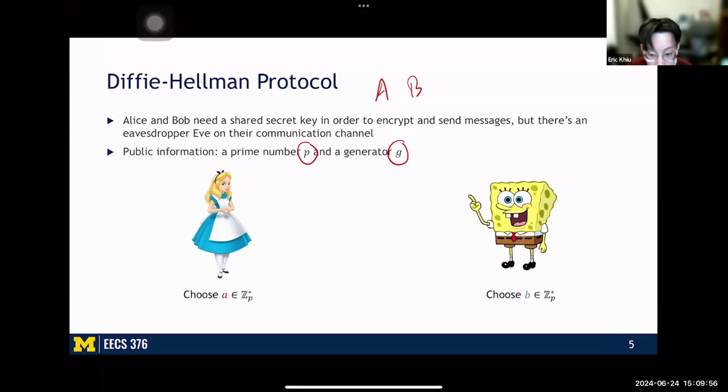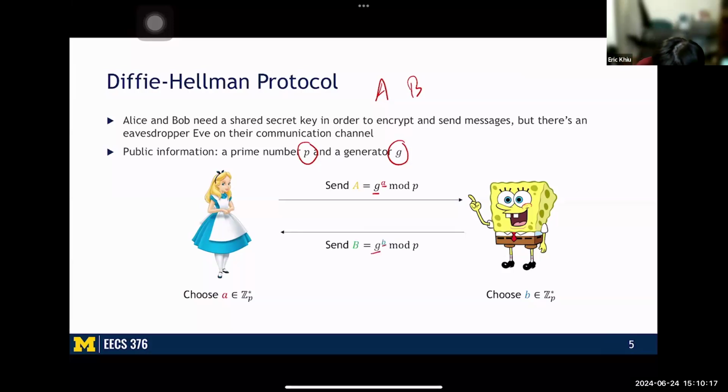Then Bob will also choose a number B in Z_P star. Alice will send G to the A mod P to Bob. Then Bob will send G to the B, the number that he chose, mod P, back to Alice.